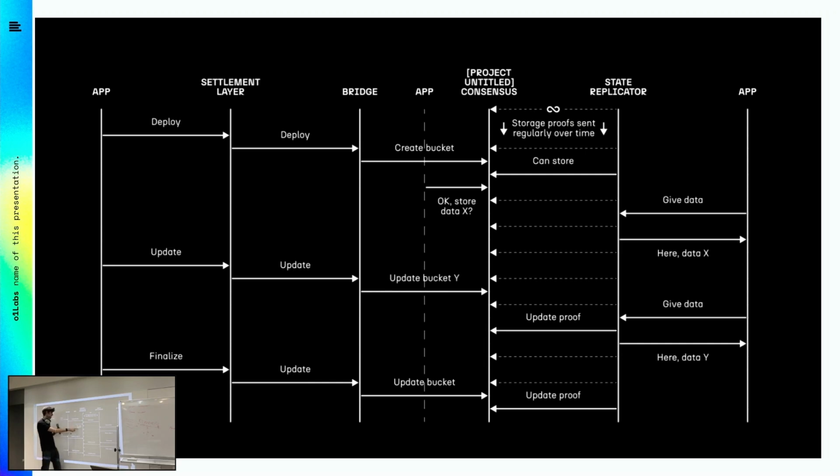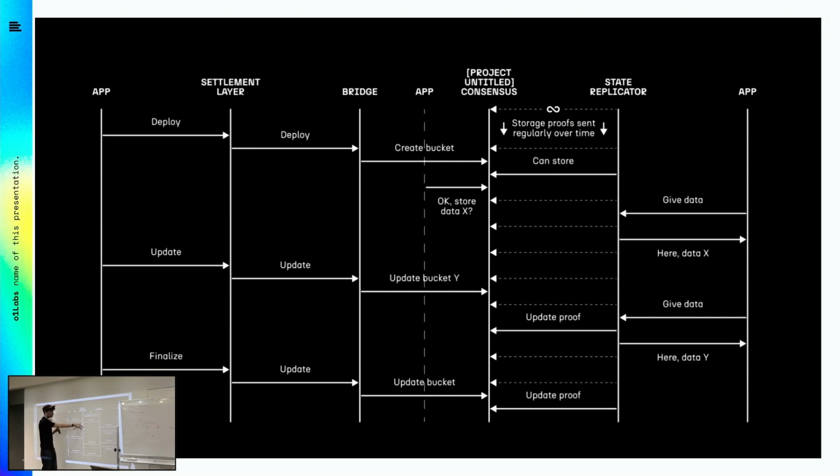You'll get an okay, and then over time you can also say, hey, I want to update the data, and then it can be updated, and at any time the app can directly ask the replicator node for some data. And there's also some edge cases to work out when people aren't behaving, but you can read up on that later.